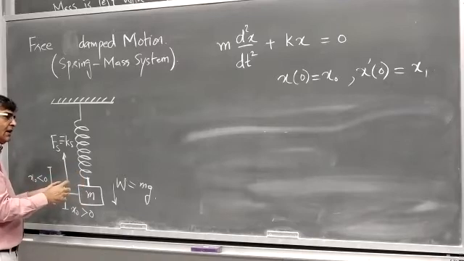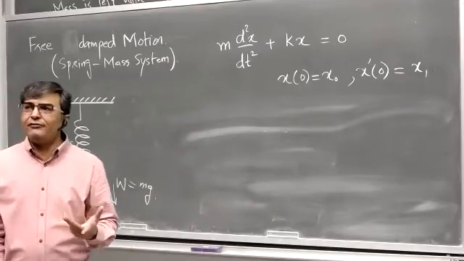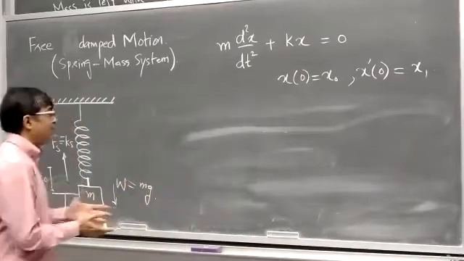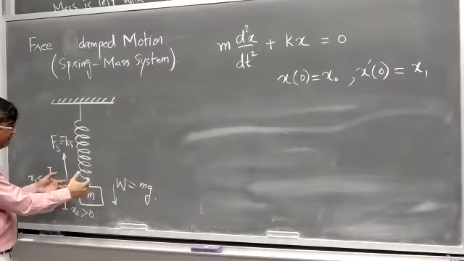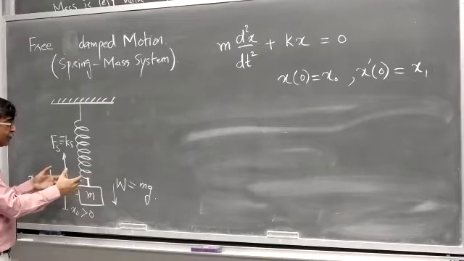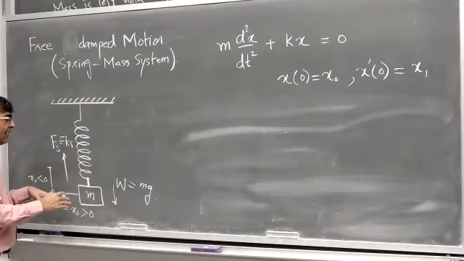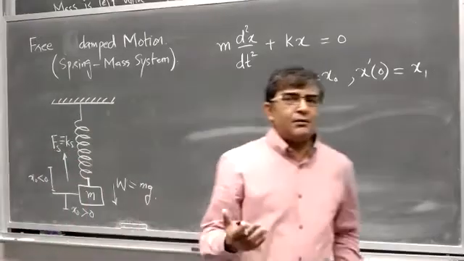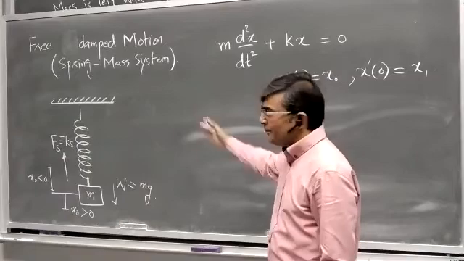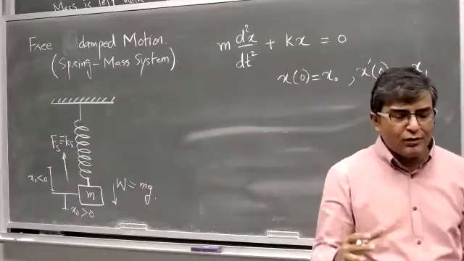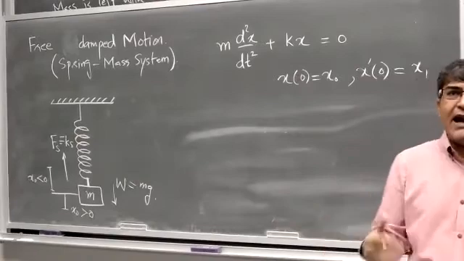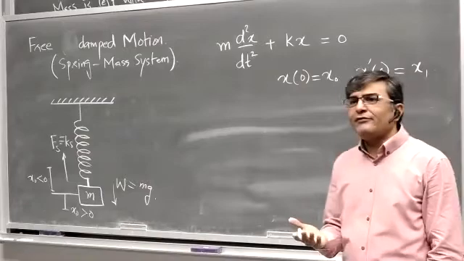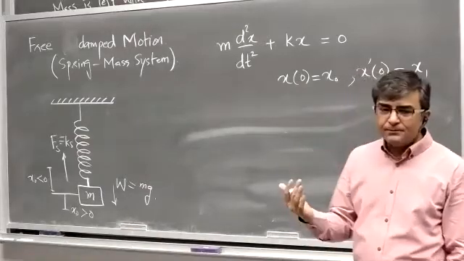That force is obviously a frictional force. This basic phenomenon is called free damped motion, because some force is trying to slow down the motion, and that kind of force is called damping force. One example of that damping force is air friction.